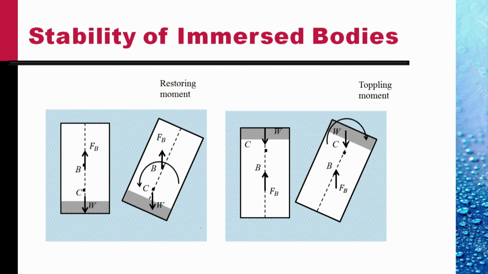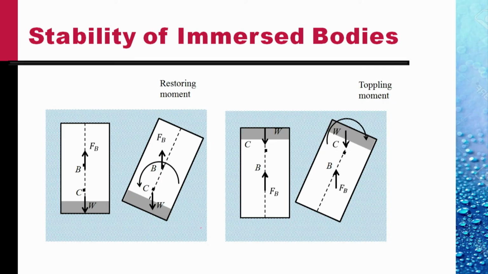The buoyancy force F_b can be considered to act at the center of buoyancy B, which is located at the center of the volume. In this case, it is the center of the rectangle. In equilibrium position, the two forces are equal and there is no moment on the body because the weight force and the buoyancy force act in the same line.